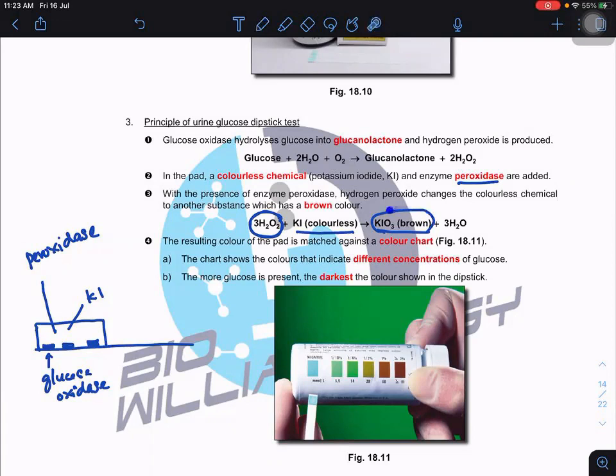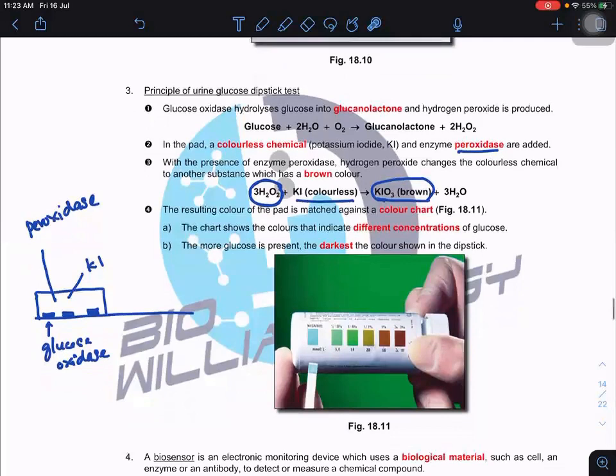So the darker the brown color, the higher the concentration. What we can do is match the color with the reference here. For example, if the color is a little bit like this, green brown in this case, then it's about 2% glucose. If it is red brown, then we know that is the highest concentration.